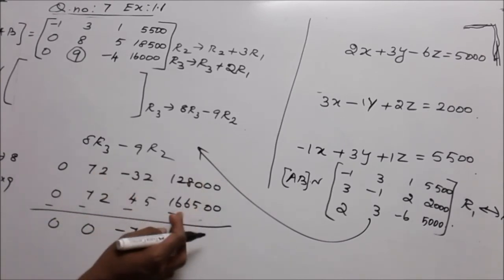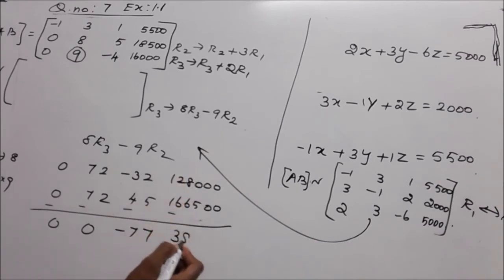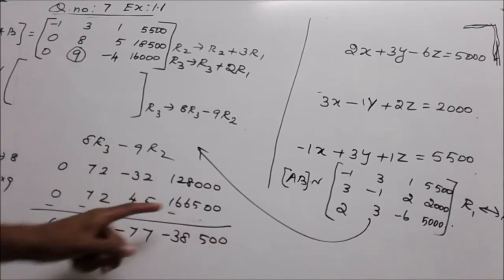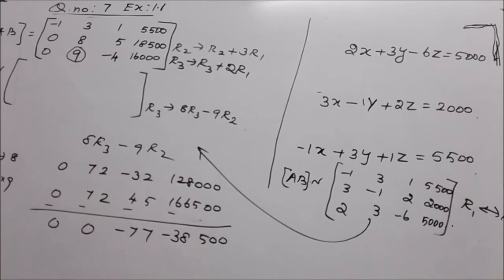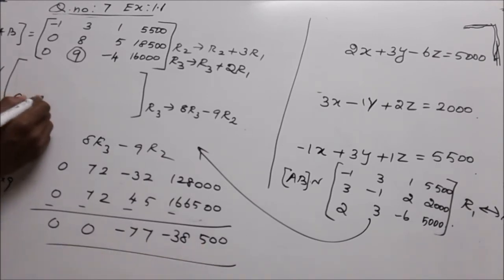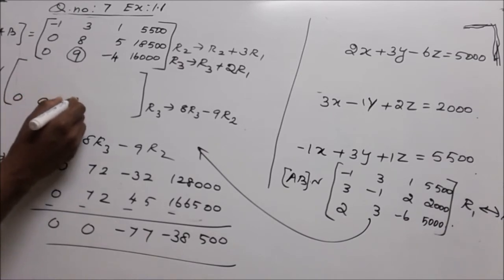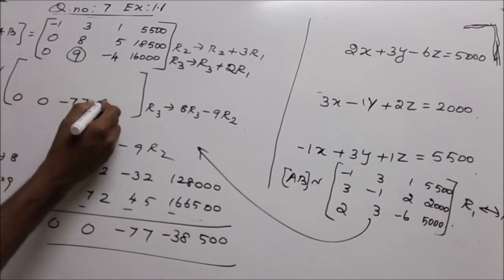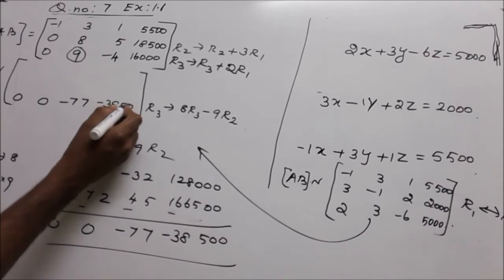Now adding these two values, we'll have 38,500. Subtracting these two values, we will get minus 38,500. Okay, right here 0, 0, minus 77, minus 38,500.